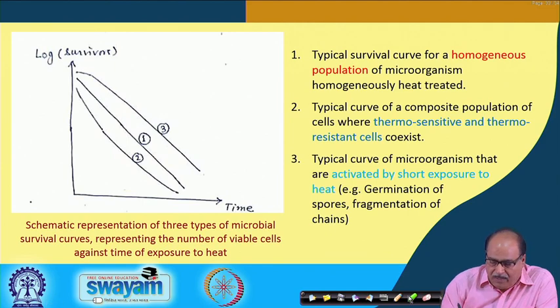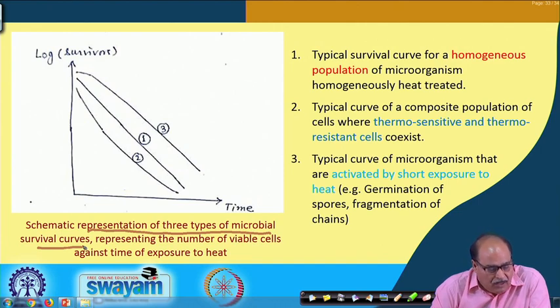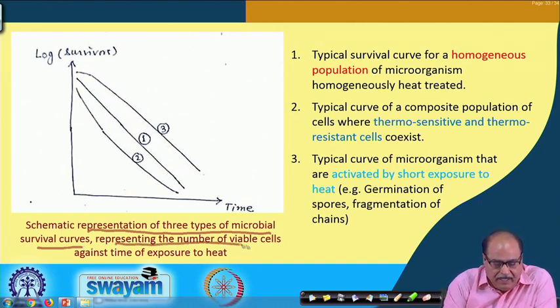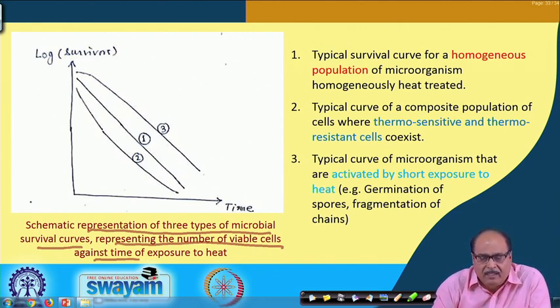In this graph, again we are showing the 3 lines. It is a schematic representation of the 3 types of microbial survivor curves, representing the number of viable cells against the time, that is log number of survivors against the time.